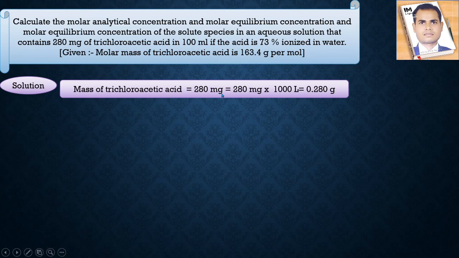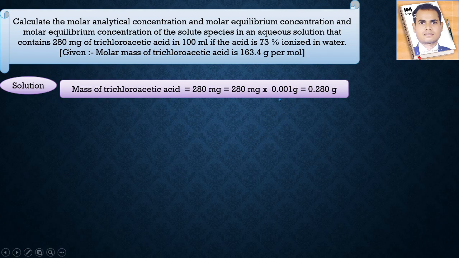And for the solution, you have to see it this way. The mass of trichloroacetic acid is 280 milligram. How can we convert it into gram? Simply we have to multiply by 0.001, not thousand.